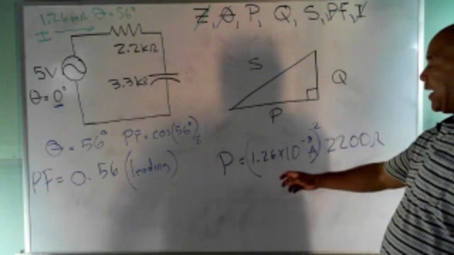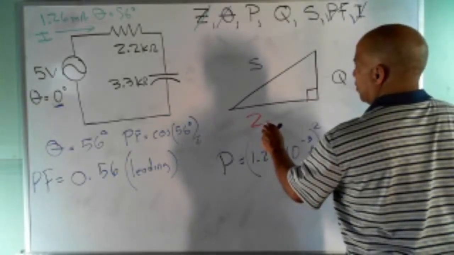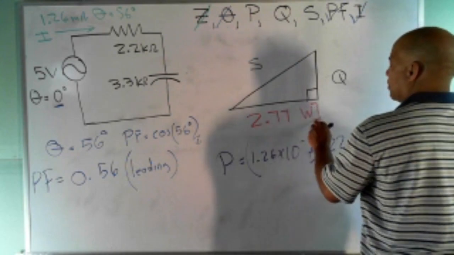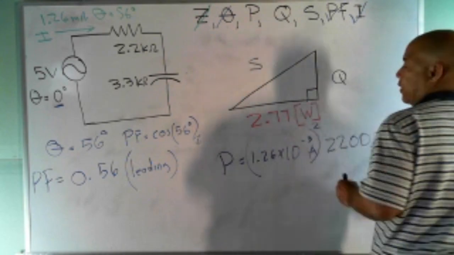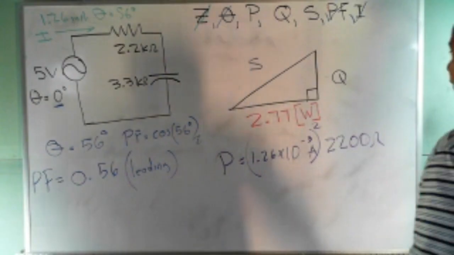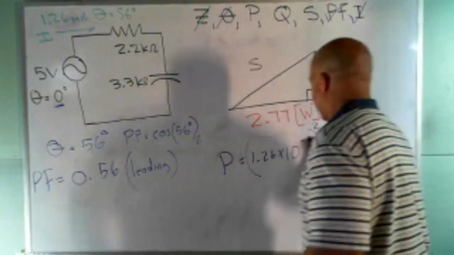I got 2.77. Okay, so this will be watts. 2.77 watts. And then what you want to do is get Q, same way.